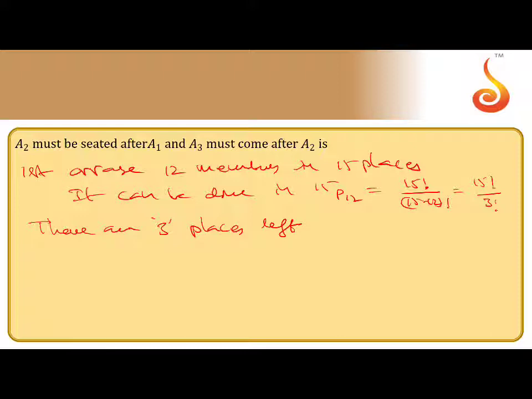These three places need not be consecutive. They are asking that A2 be seated after A1 and A3 after A2, anywhere. Suppose A1 is in the first place, A2 can be kept anywhere, and A3 must come after A2. So the places need not be consecutive. Now the three places can be filled in the desired order in only one way.